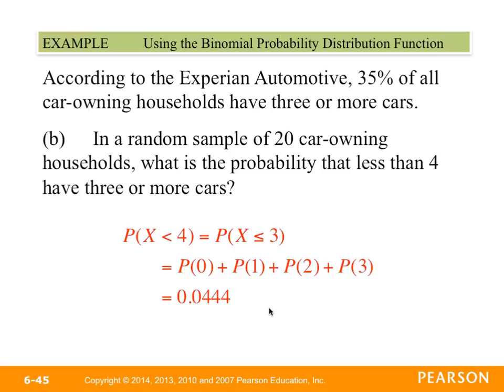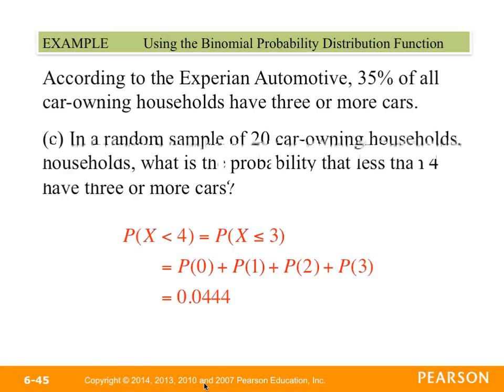So we're on n equals 20, x is 3, and then we scroll our finger over until we get to 0.35. And what you should see is the same value that we have on our screen right now, which is 0.0444. So those two values match. So one way of doing it is to use your formula and calculate those 4 different values and then add them up. The other option is to just look it up on this table, which is pretty nice.